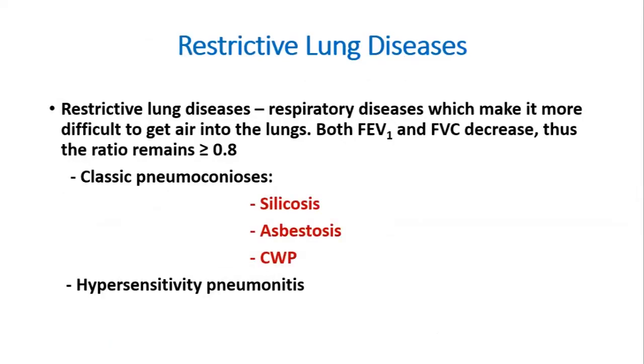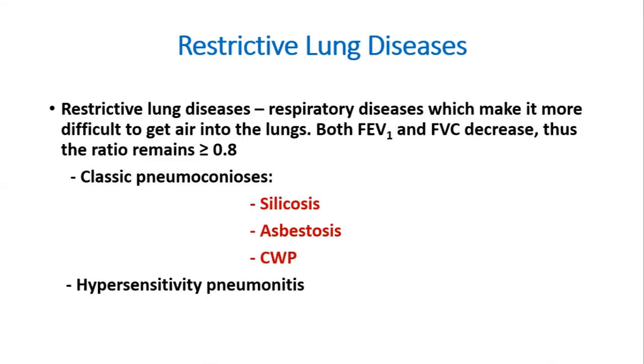We spoke a little about restrictive lung diseases, and I did tell you that people who suffer from restrictive lung diseases find it very hard to breathe in, to take air into the lungs because of the scarring or the fibrosis within the lung tissue that makes the lung tissue less elastic. And if the lung tissues are less elastic, then you're not going to be able to breathe as normally as you can and take in as much air as you would want to.